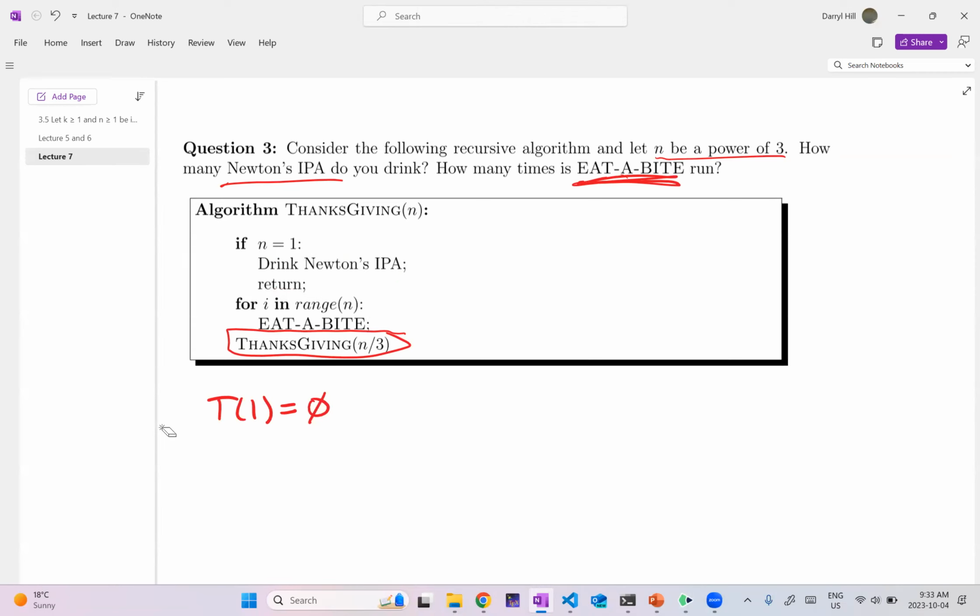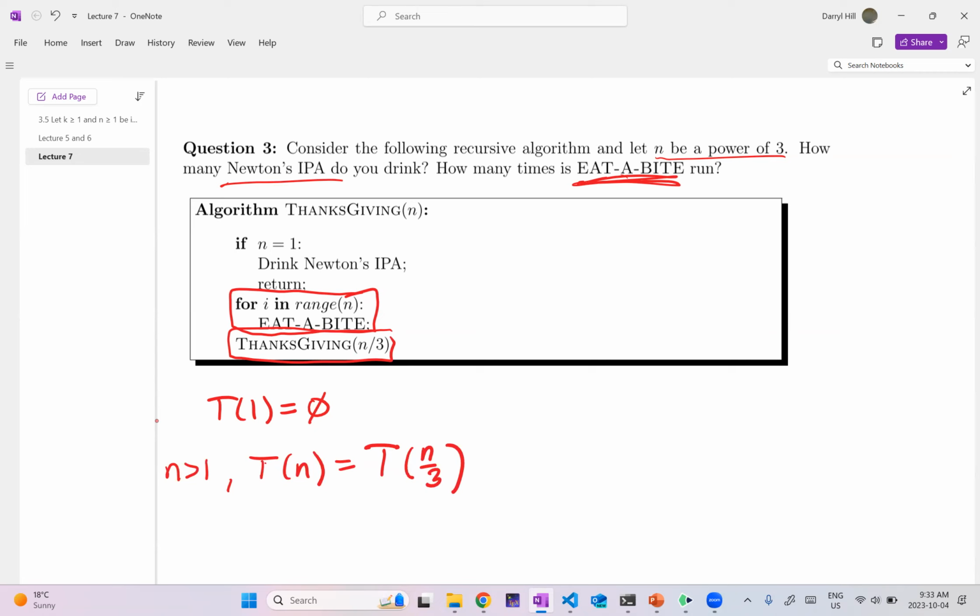Now for n greater than 1, I want an expression for T of n. I look at what happens at that level. I run a for loop that runs n times, so I eat a bite n times, and then I have this recursive call to Thanksgiving on size n over 3.